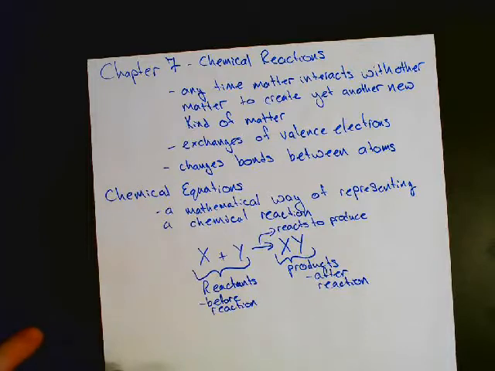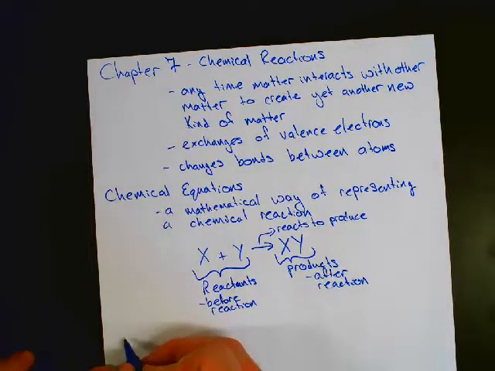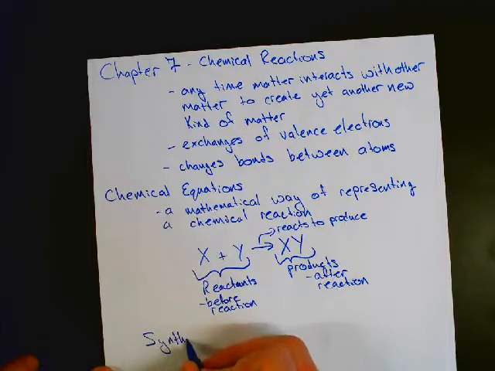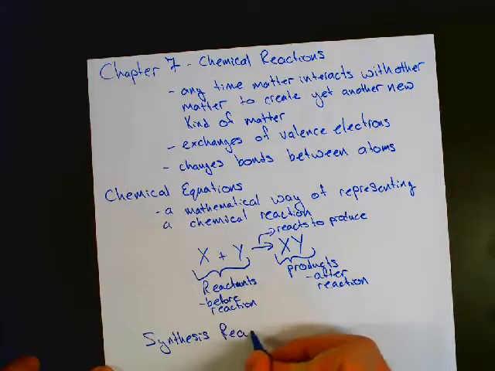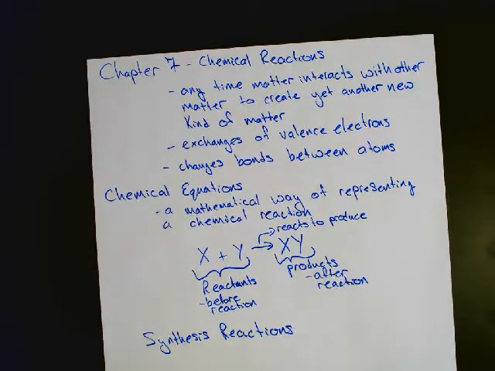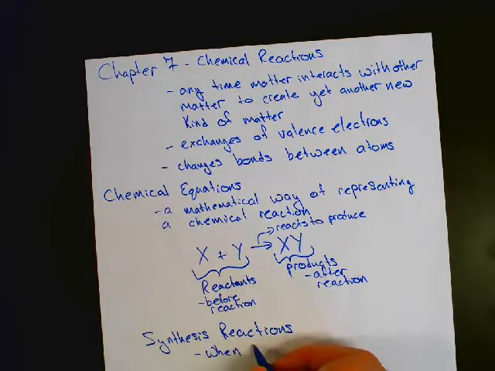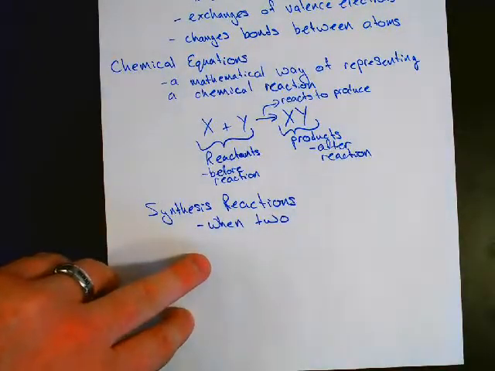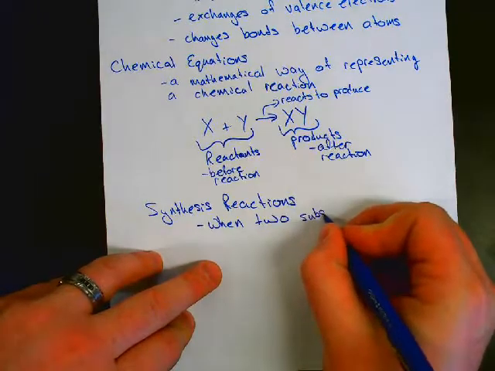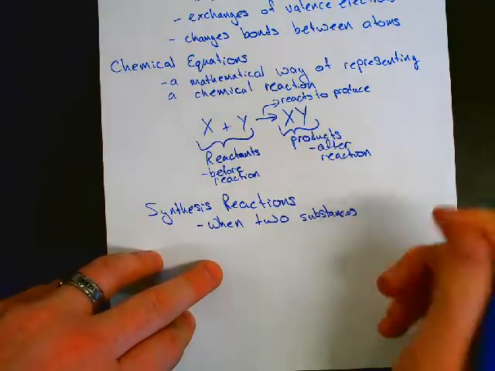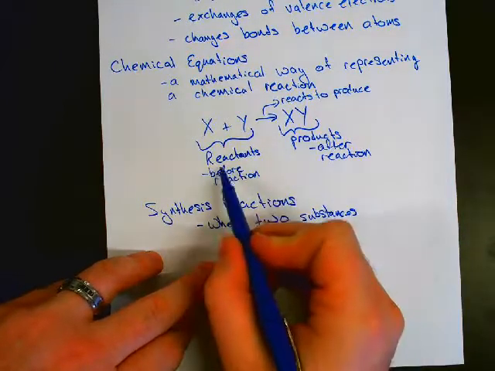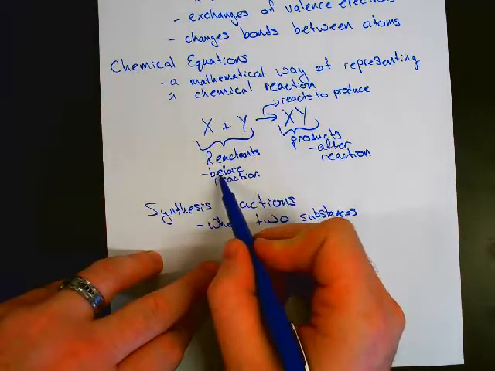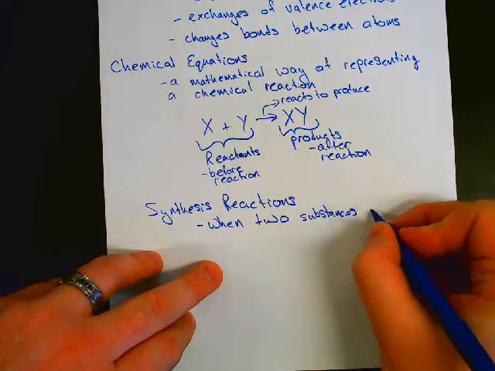Okay? So when we are talking about chemical equations, the ones we're going to be working with this chapter fall into 5 different categories. The first category are synthesis reactions. A synthesis reaction occurs whenever we take 2 substances and they combine to make a more complex substance. Reactants exist before the reaction.